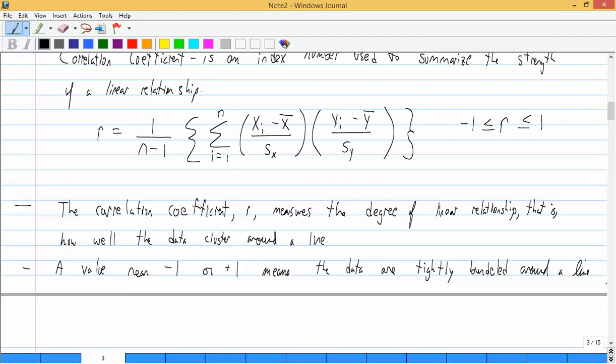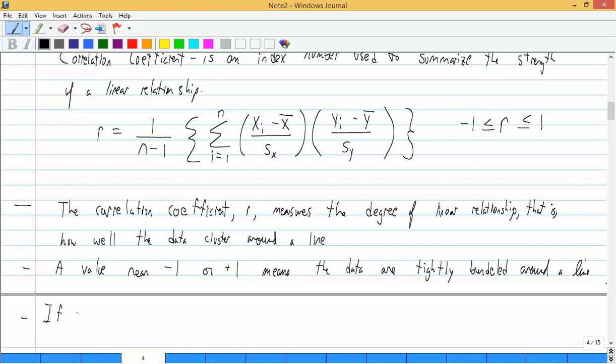So if you get something like 0.99 or -0.97, numbers really close to -1 or 1, the data are going to be tightly bundled around a line. And so if the value is near -1 or 1, then it would be very easy to predict one of the variables using the other.